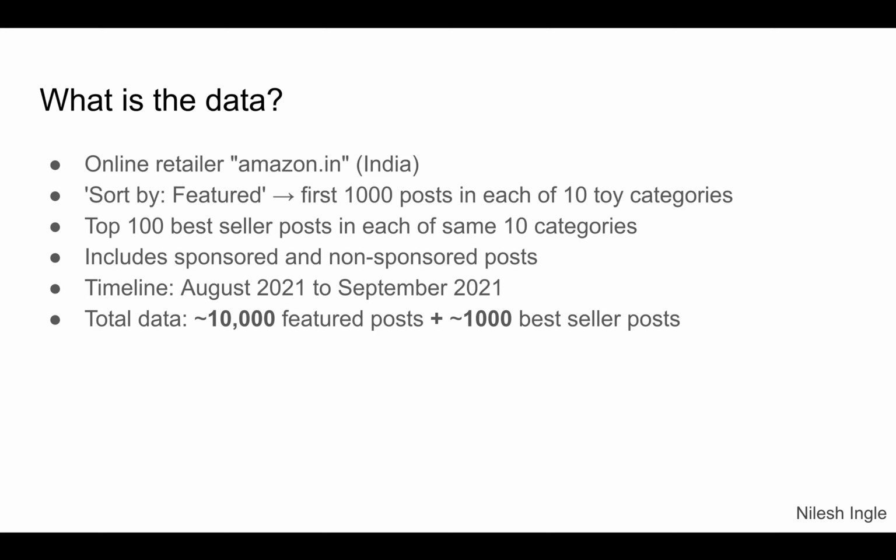The entire data set is obviously going to be millions upon millions of posts. We do not have that. This is a very small fraction of the entire data set, which may or may not be representative of what's on Amazon for toys.